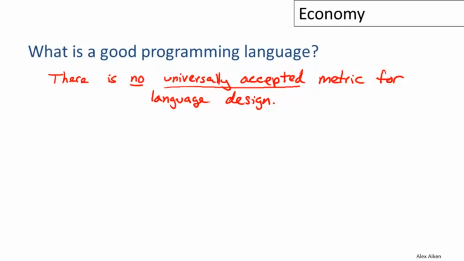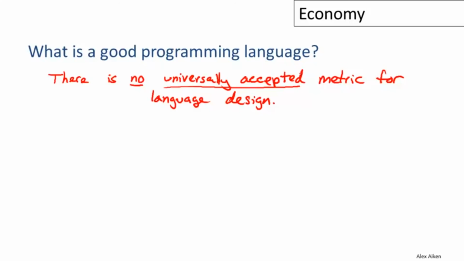If you just look at the world of programmers, they can't agree on what the best language is, and to convince yourselves of this, just go and take a look at any of the many newsgroup posts where people get into semi-religious arguments about why one group of languages or a particular language is better than another language. But even in the research community, in the scientific community, and among the people who design languages, I would say that there is no universally accepted consensus on what makes a good language.